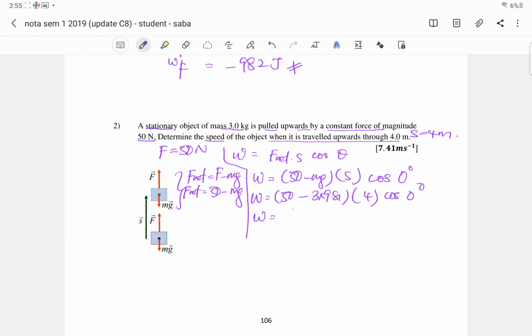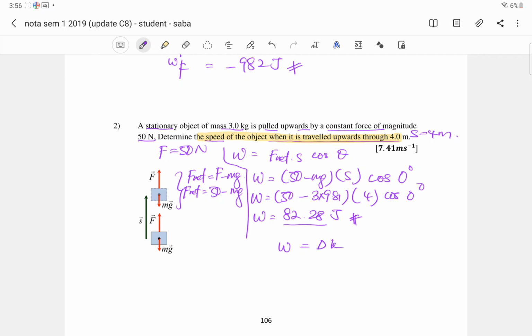So the work done is 82.28 joules. But the question asks you to find the speed of the object. To find the speed of the object, we know that W is equal to delta K.